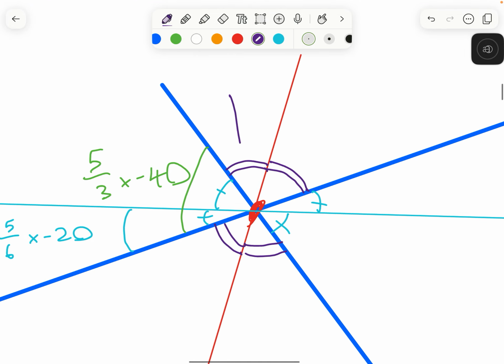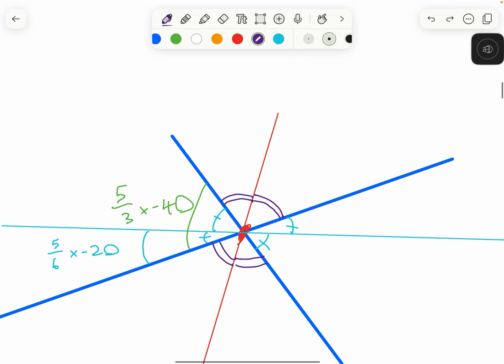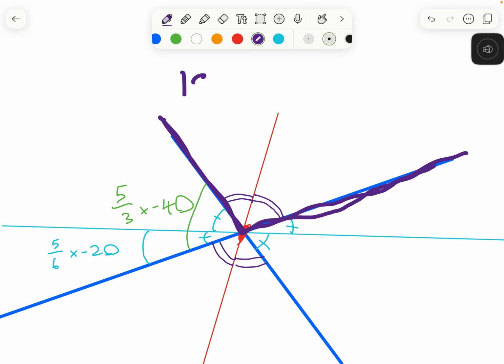What about the purple angles? Well, notice that the acute angle and the obtuse angle are supplementary. They add up to 180 degrees. Due to that, the measure of this obtuse angle here is going to be 180 minus the measure of the acute angle.